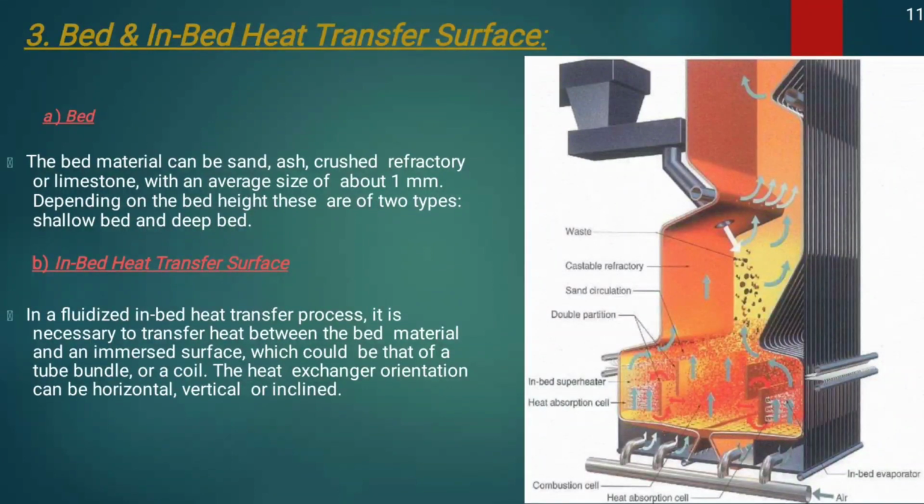In a fluidized bed heat transfer process, it is necessary to transfer the heat between the bed material and an immersed surface, which could be that of a tube, bundle or a coil. The heat exchanger orientation can be horizontal, vertical or inclined.